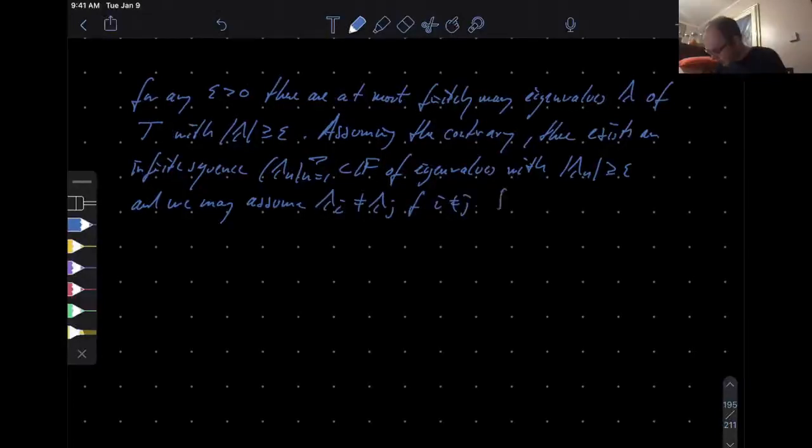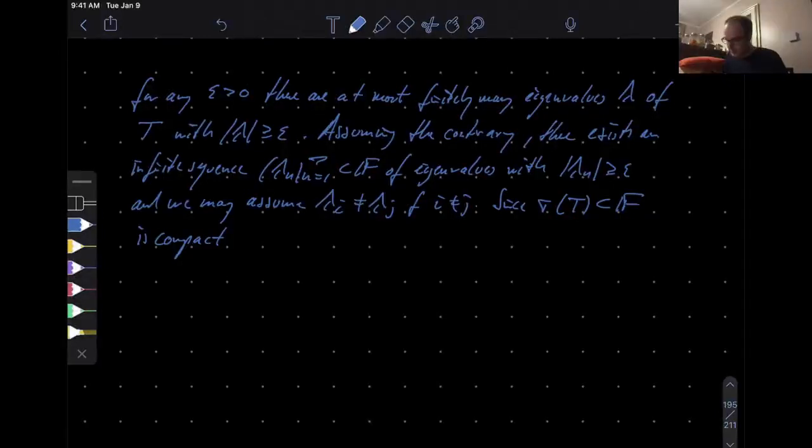All right, but what do we know about the spectrum? The spectrum is compact. So that means that sequence has to be a bounded sequence, right? Yeah, that's true, but actually that's not what I'm going to use. Since the spectrum is compact, there must exist a convergent subsequence, because compactness implies sequential compactness.